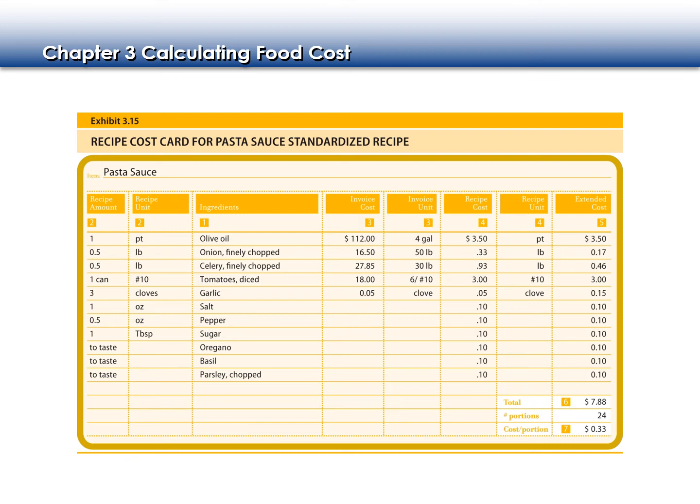I might use it in a vinaigrette. I might use it for sauteing. And so in that recipe, I only actually use $3.50 of that $112 to produce this one recipe of sauce. So you do that for every single menu item.